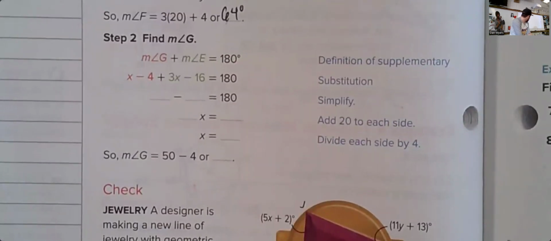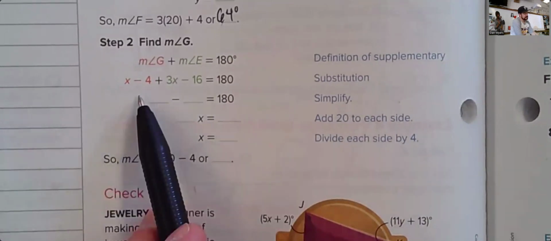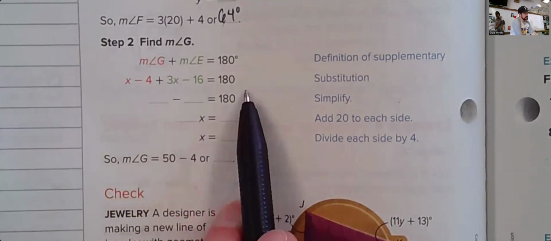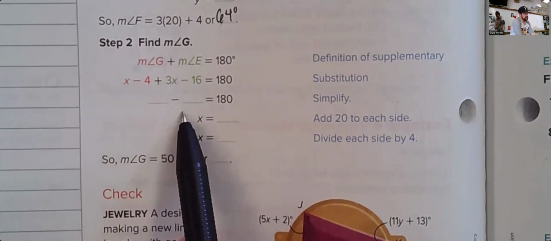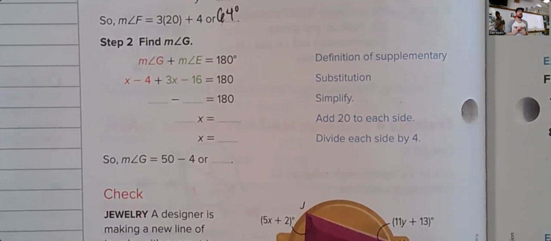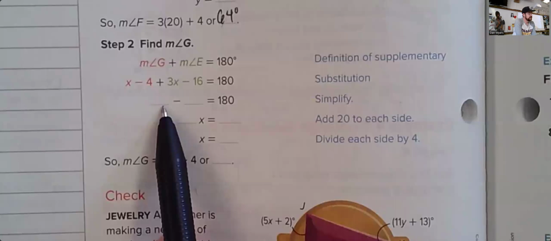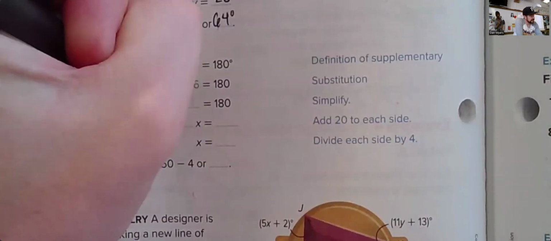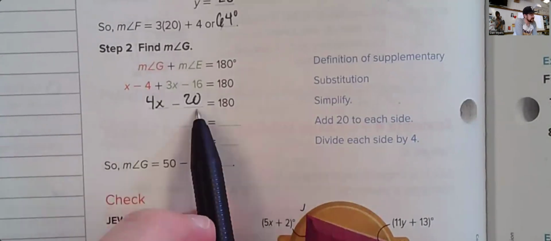And then for the measure of angle G, add those opposite angles together. G is opposite E. So G plus E equals 180. X minus 4 plus 3x minus 16 equals 180. Combine like terms, what do we get? What's the next step here? 4x minus 20. Good. X plus 3x is 4x, -4 and -16 is -20.